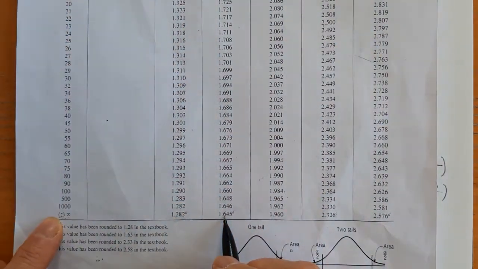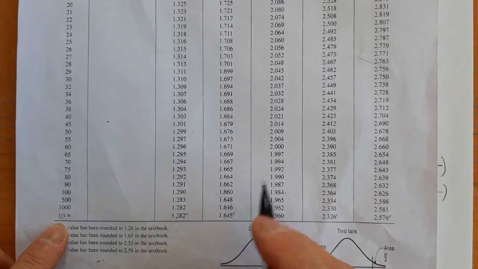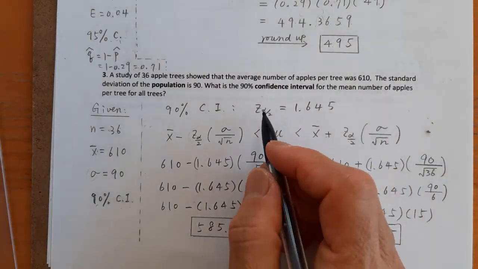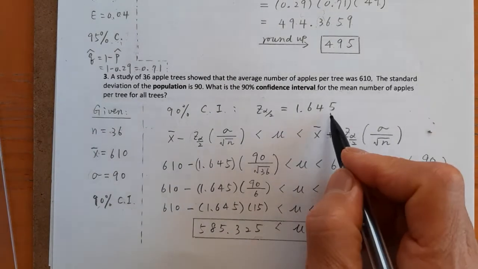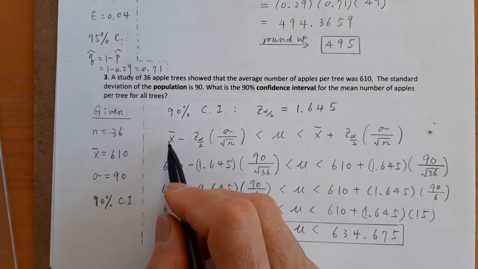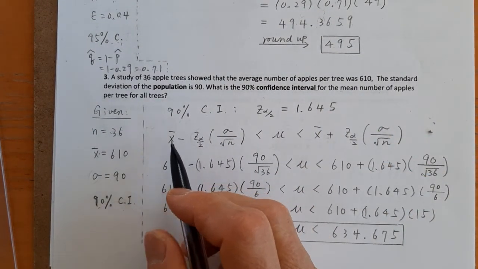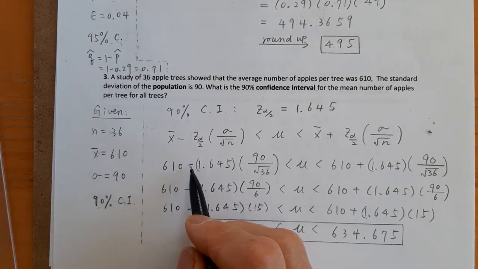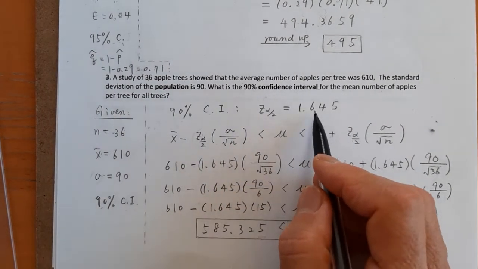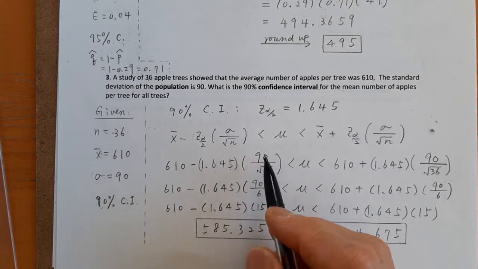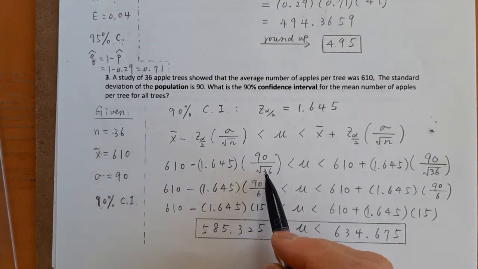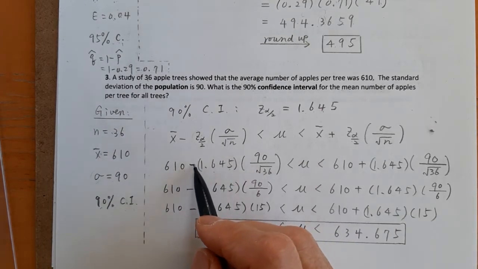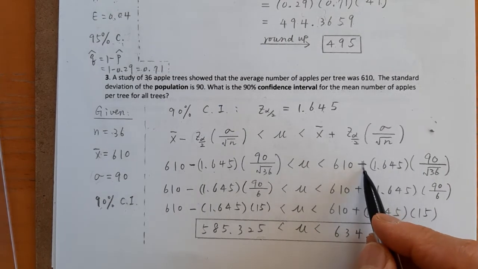The Z score is 1.645, so Z alpha over 2 equals 1.645. Then plug into the formula: x bar, the sample mean 610, minus 1.645 times sigma 90 over the square root of n, 36. This is minus on the left side, and the right side is a plus.